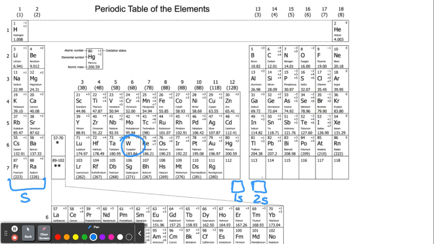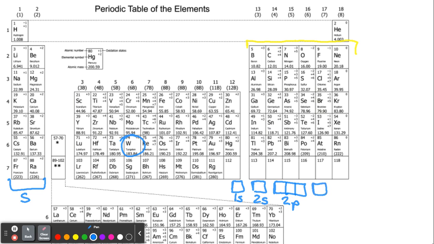Then I'm going to end up with the 2p orbitals. 2p has 6 elements, therefore 6 electrons, therefore 3 orbitals, because each orbital holds 2 electrons.